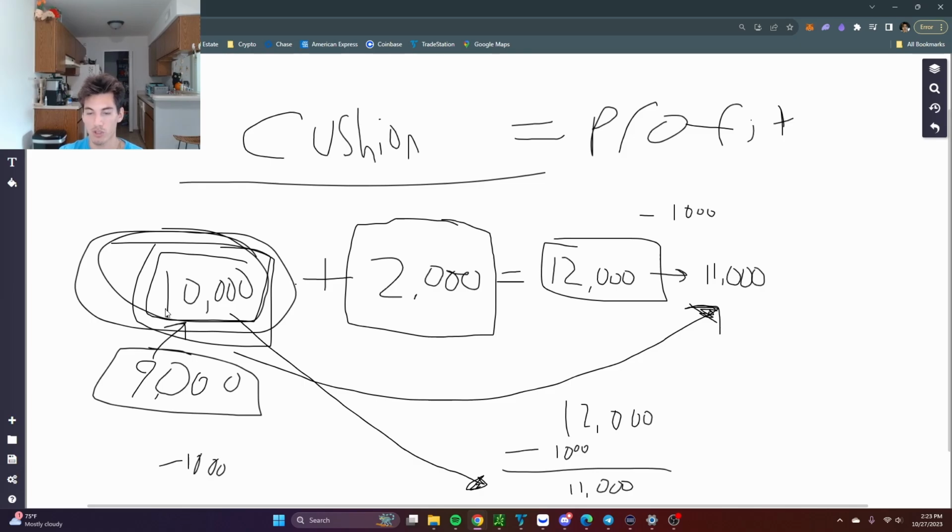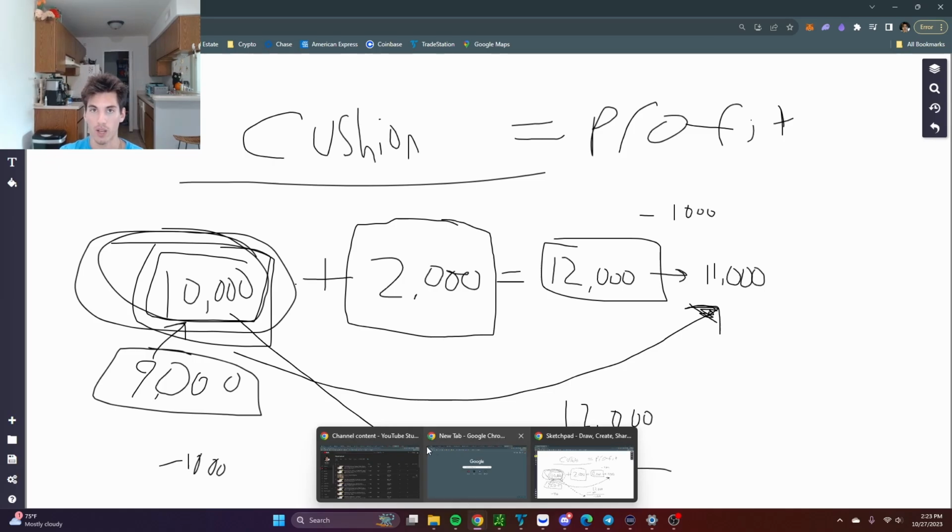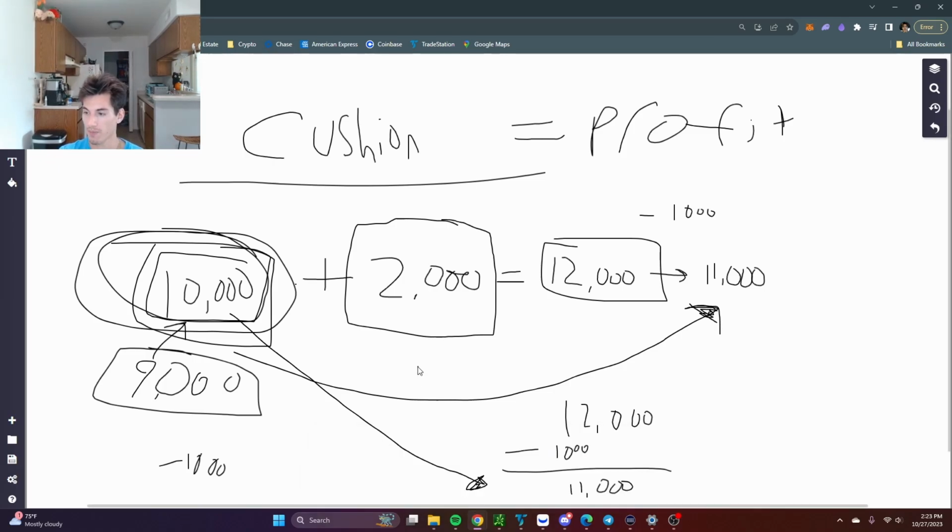And from personal experience, I execute way better. I execute insanely better when I'm risking, quote unquote, the house money, aka my profit, than when I'm just starting out, or I'm getting pressed up against the wall and my account's at 9,500, and oh man, if I take another trade, I'm going to be now down $750 on my account, instead of, oh, well, I'm still up XYZ amount, but now I just ate into that house money a little bit, right?